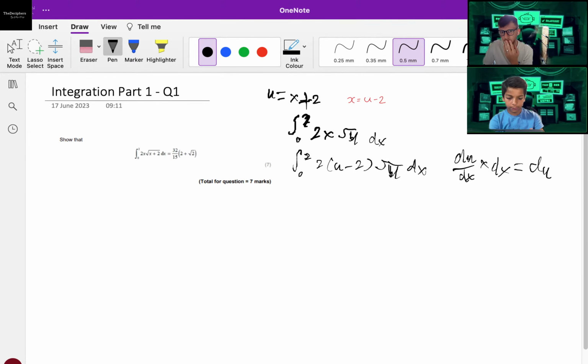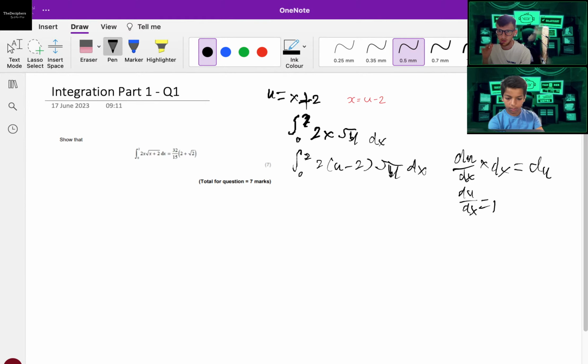That is the derivative of u. The derivative of that is just du, and the derivative of u is 1. So then the dx is the same as du.